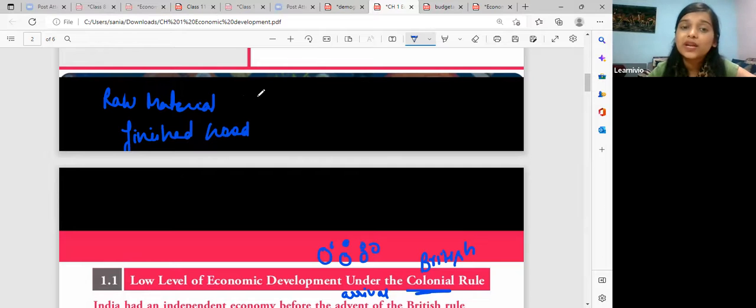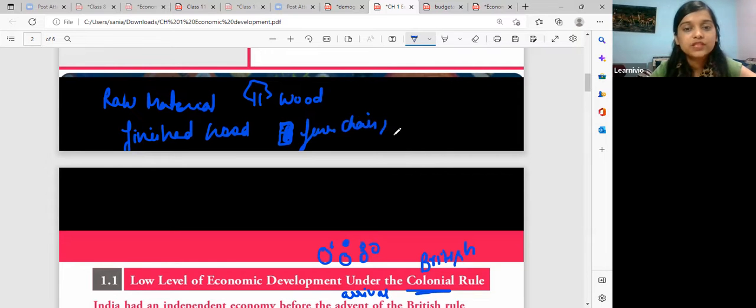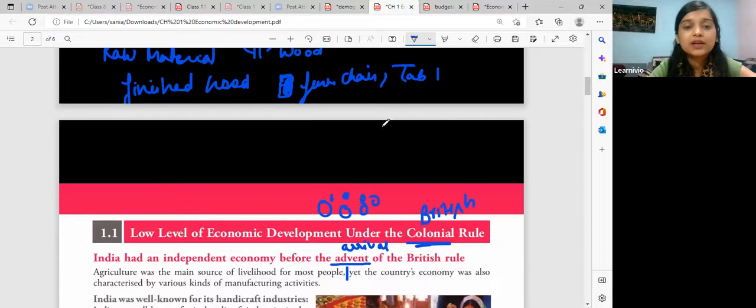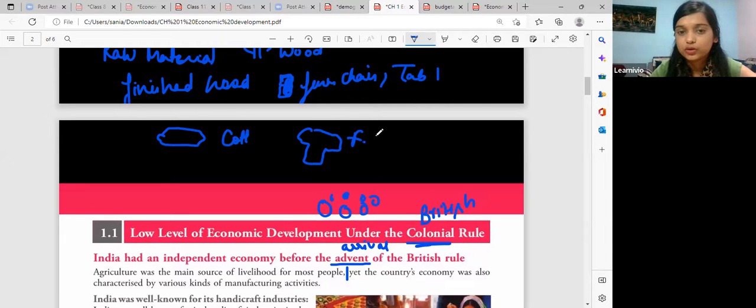Raw materials are basically, for example, this is a tree, the wood we are getting, right? And once you cut down this tree and make a chair, or a bed, or any product, furniture, these furniture like chair, table, all this, are finished goods. Clear? Similarly, if they are taking cotton from India and making a dress, this is finished good, and the cotton is raw material.